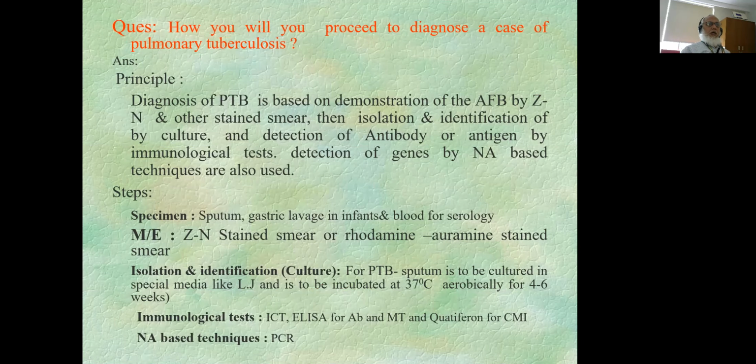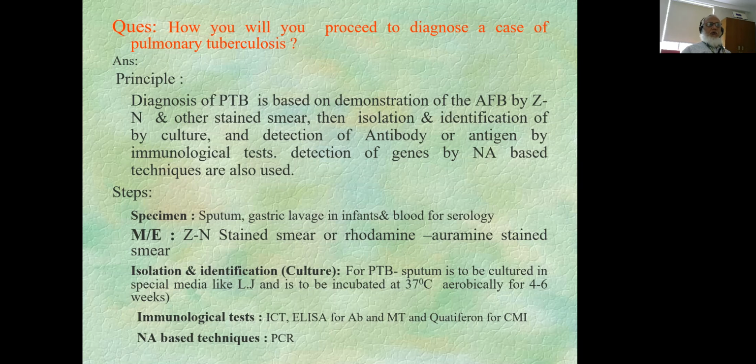So this is about laboratory diagnosis of pulmonary tuberculosis. Sometimes they ask what the recent advances are. Actually, pulmonary tuberculosis diagnosis is based on all the techniques developed in the field of microbiology, starting from microscopy to molecular methods. All methods are important. Microscopy, Ziehl-Neelsen stain smear and rhodamine-auramine stain smear are very useful, and if standardized, they can diagnose a large percentage of cases.